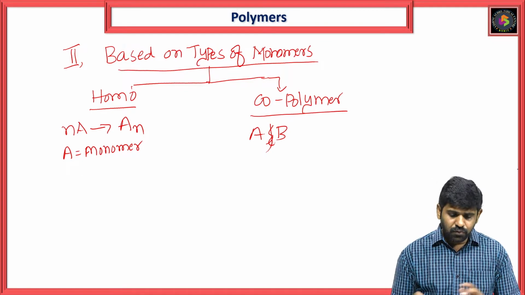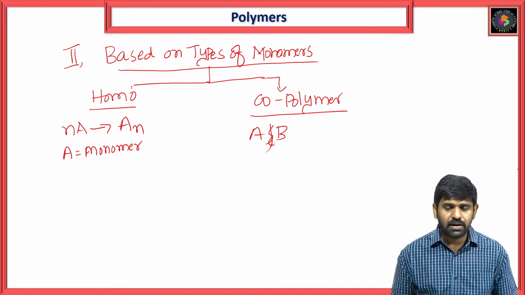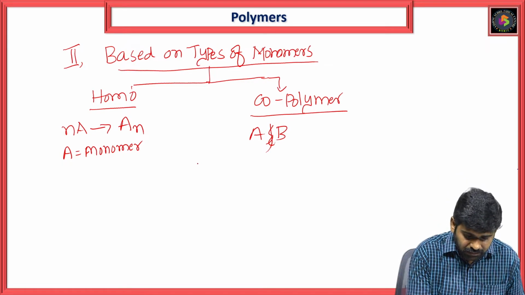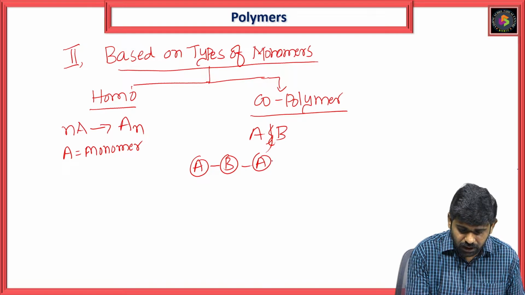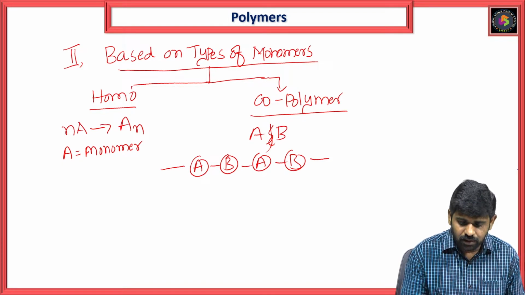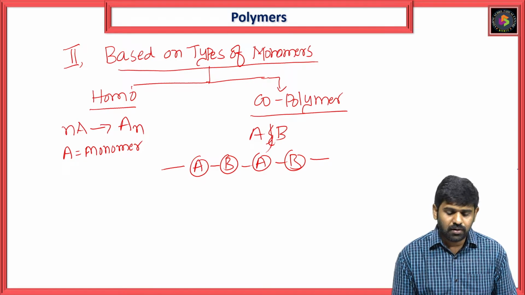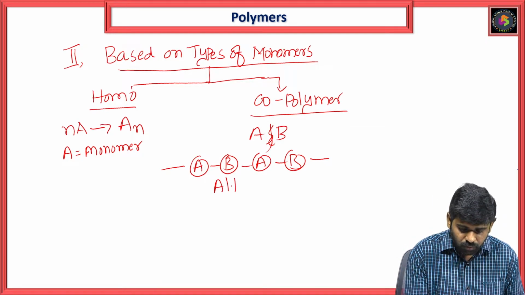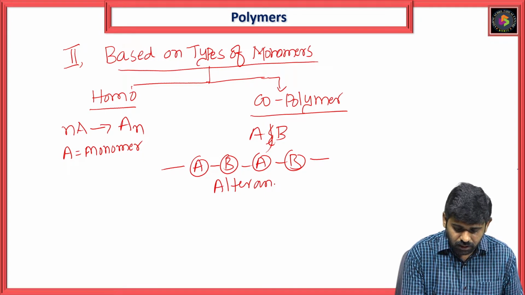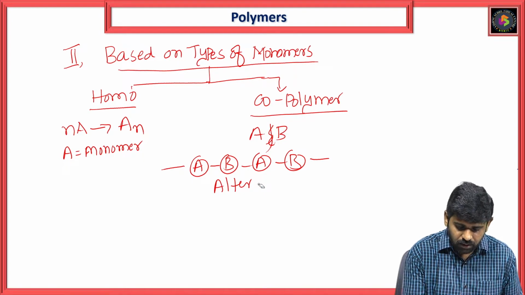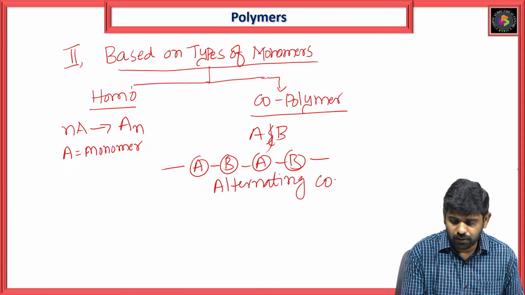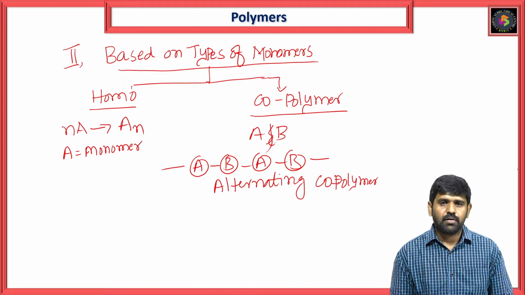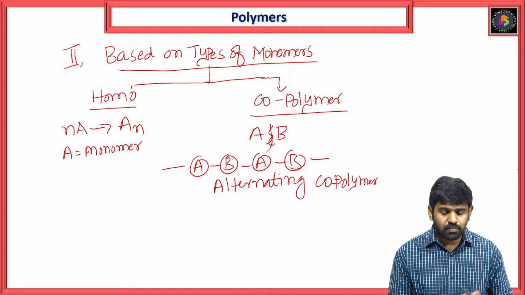If A and B are arranged in an alternating manner, then the polymer is called an alternating copolymer.